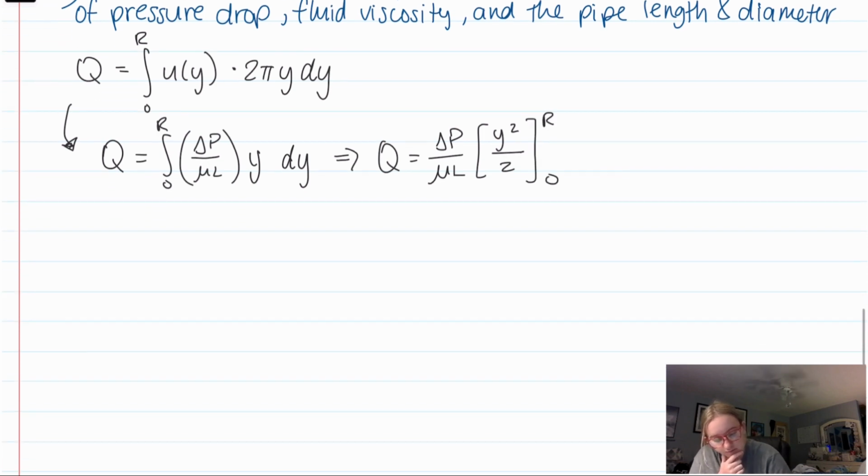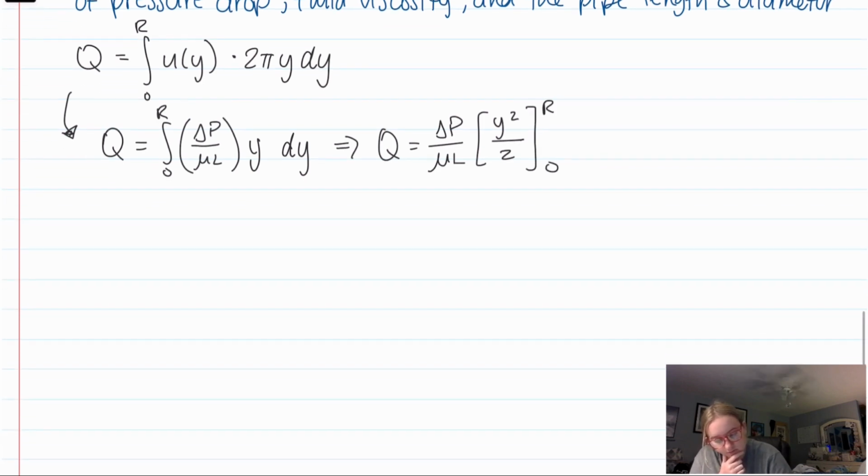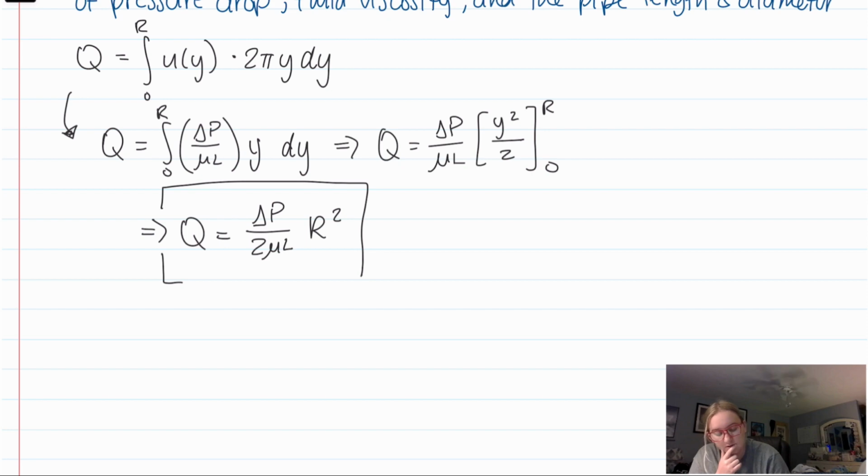So then just solving this out, our final expression for Q, the flow rate, would be delta p over 2 mu L times r squared.